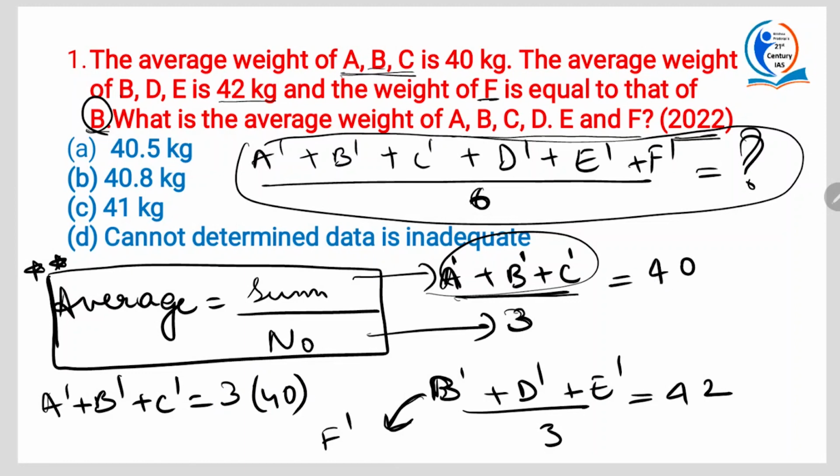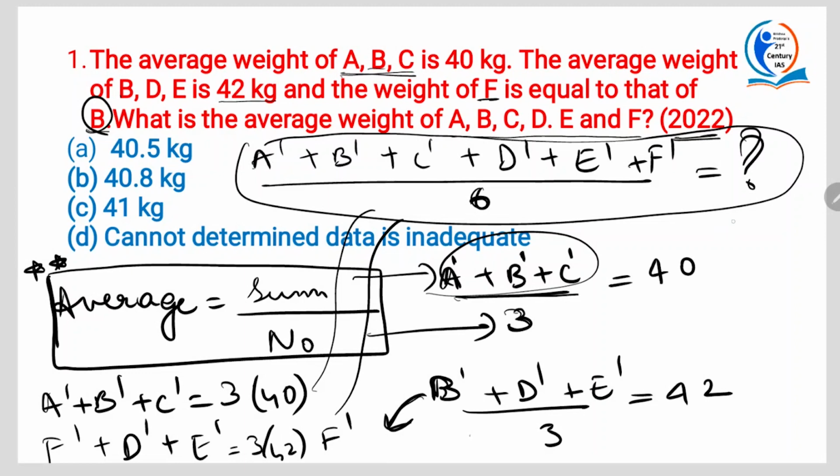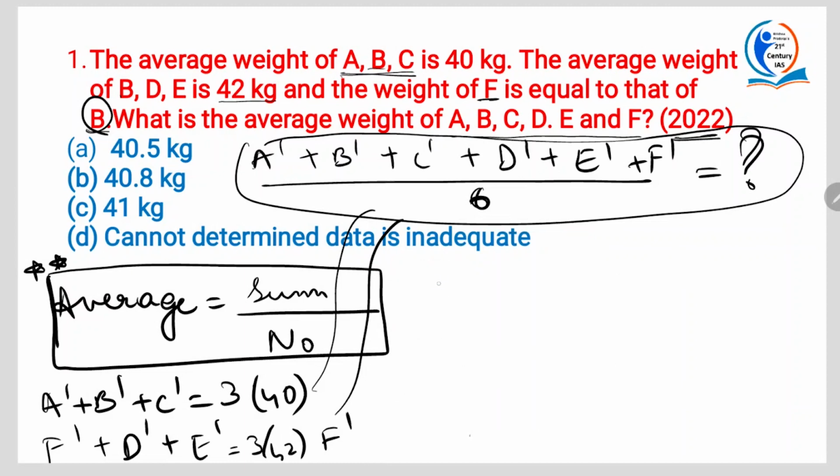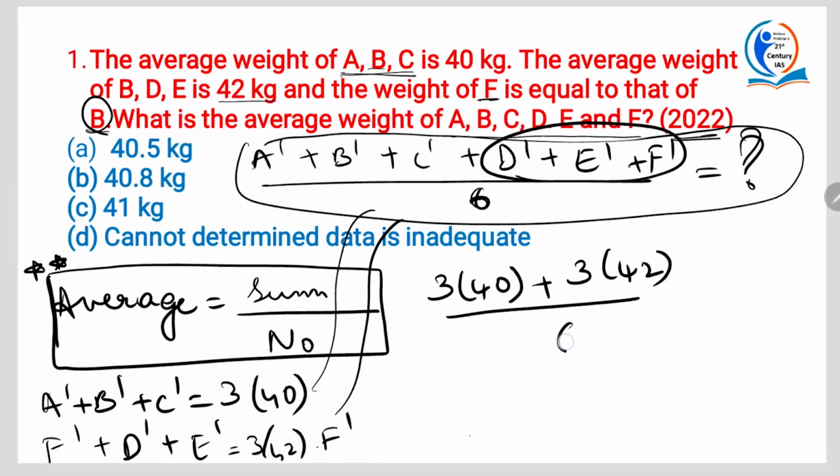Correct? From this one, and from this equation, F dash plus D dash plus E dash is equal to 3 into 42. Now substitute these two here. What will you get? A dash plus B dash plus C dash plus D dash plus E dash plus F dash is 3 into 40 plus 3 into 42, by 6.